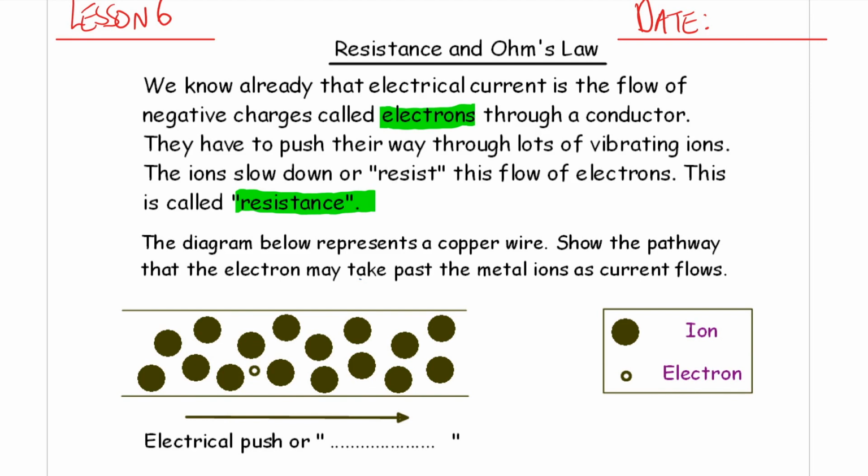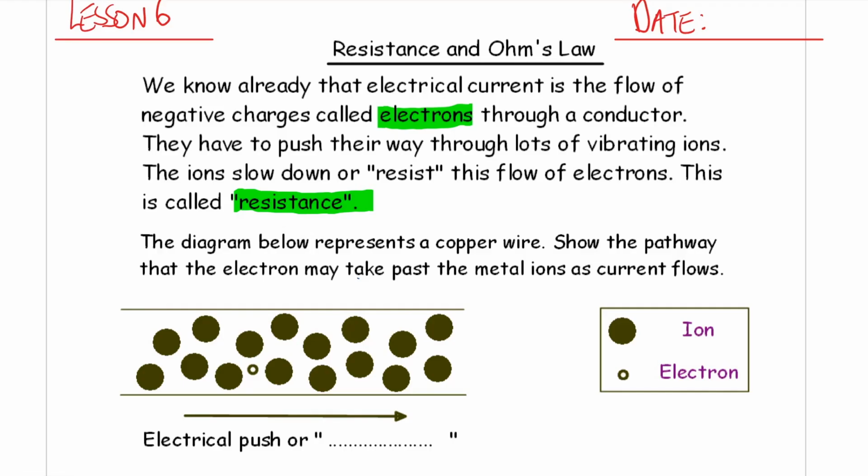There's a diagram underneath that represents a copper wire. You've got to show the pathway that the electron may take past the metal ions. Now, just a little bit more information there. These ions are positive ions. And the reason they're positive is because the electrons are negative.